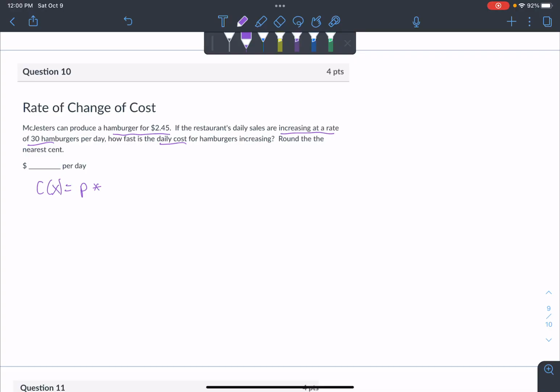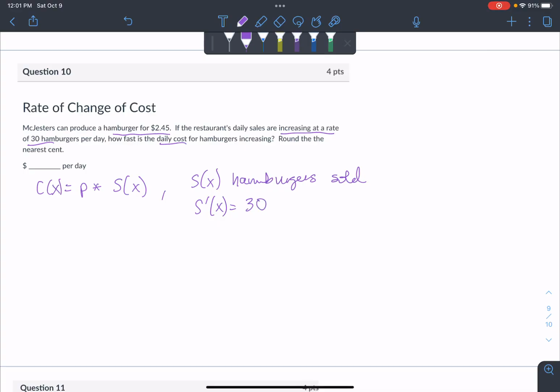So here I'm going to call it some function S of X, all right, and where S of X is hamburgers sold. All right, and we also know that my daily sales are increasing at a rate of 30 hamburgers, so my S prime of X, whatever function that is, that's gonna be 30.